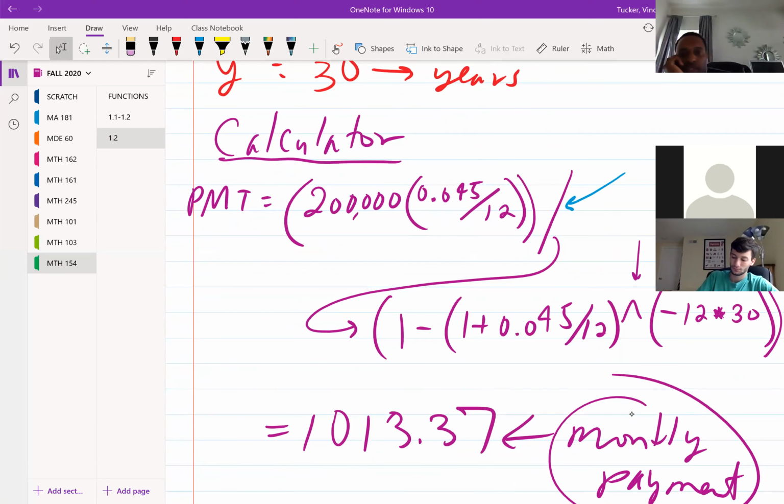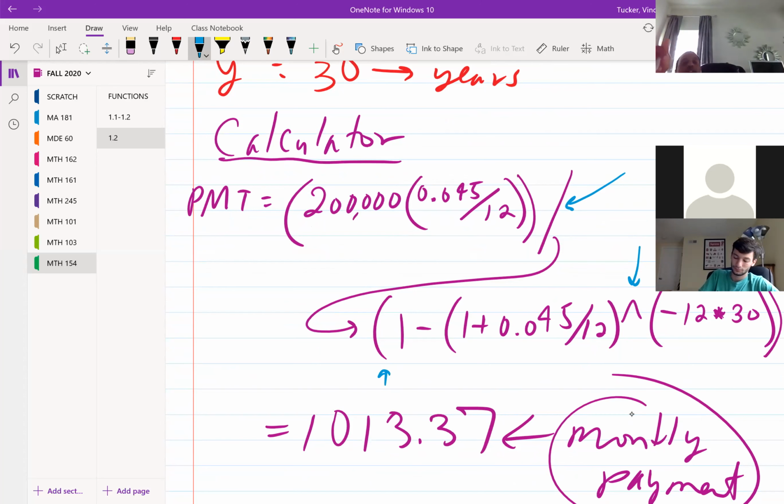So P is 200,000 times 0.045, which is your APR, divided by N, which is 12. I put parentheses over that, divided by, start your parentheses again to enclose the denominator: 1 minus 1 plus your APR divided by 12. This caret is your exponent symbol.